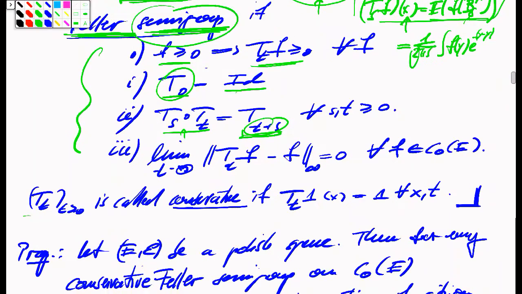And this Feller semigroup is called conservative if, moreover, the constant 1 function is mapped to 1. Then we should call this Feller semigroup conservative. There's a little bit of explanation needed here, because if the space E itself is not compact, then the constant function, of course, is not vanishing at infinity.